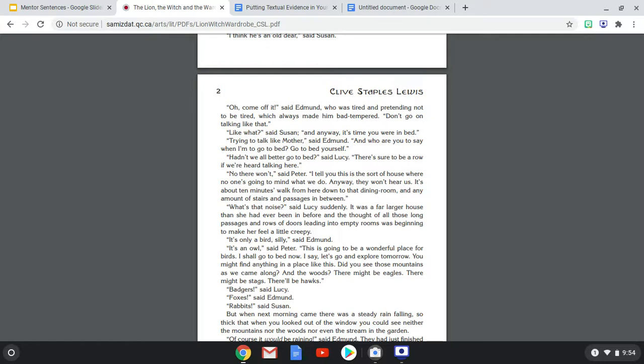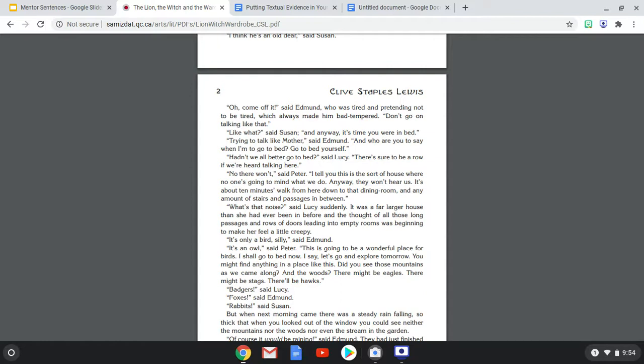Go to bed yourself. Okay, looking at the way Edmund speaks to his sister, what does that tell us about Edmund? It says when he's tired, he becomes bad-tempered. And think about the way he speaks to her. Susan is the older sister, but he talks very angrily towards her.